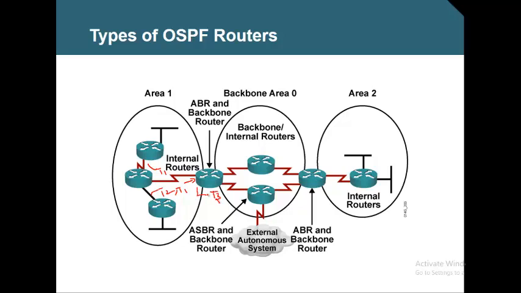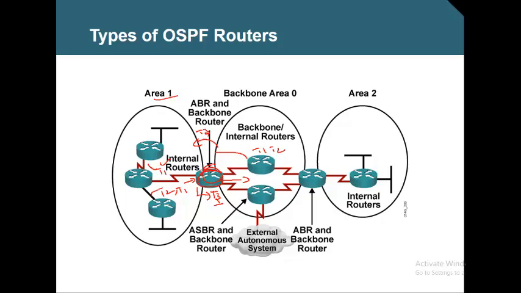I repeat, this border router converts all area 1 type 1 and type 2 LSAs into type 3 and sends it to the other area. Likewise, the type 1 and type 2 of this area is converted by this ABR and sent as type 3.